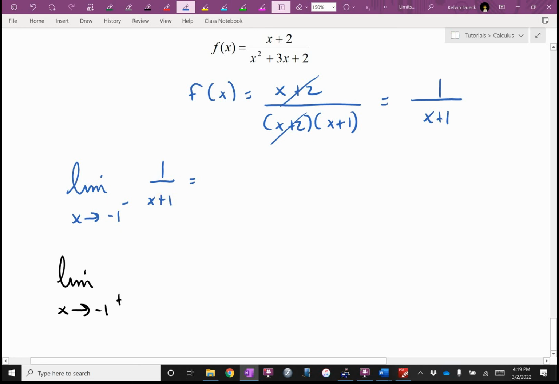Sarah, let's see if we can do this intuitively in our head. If we're approaching negative 1 from the left, what's a number just to the left of negative 1? Negative 1.000001. Okay. So it's going to be 1 over that. When I put in negative 1.000001, will the bottom work out to positive or negative? Really big or really small?